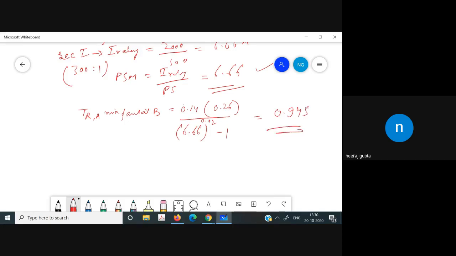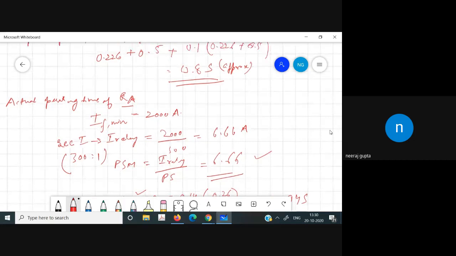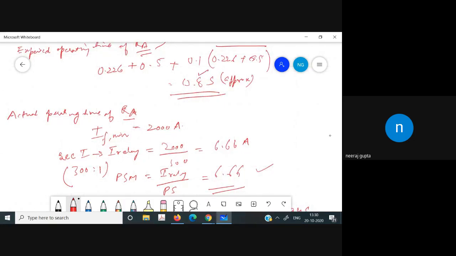So this is the operating time of the relay A for the minimum fault at B. Now, this is the actual value that we got, and this is the value that we got by solving at relay B. So the actual value that we got is 0.94, and it is greater than this value 0.8.